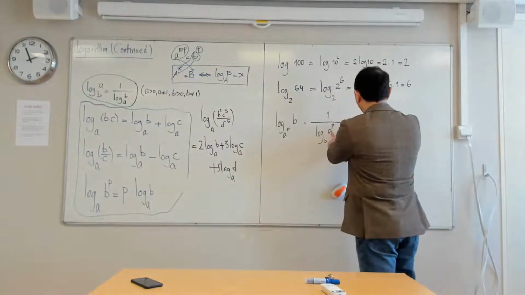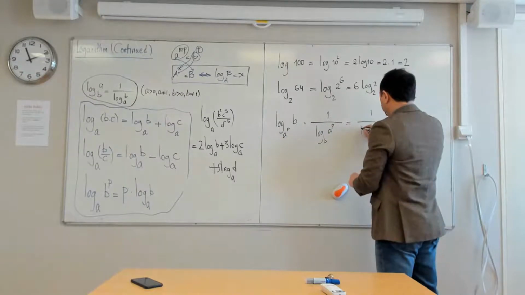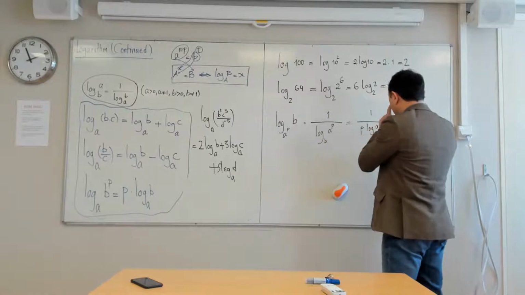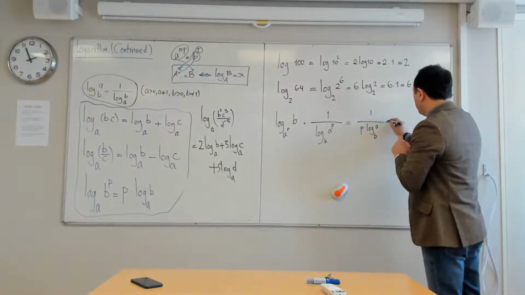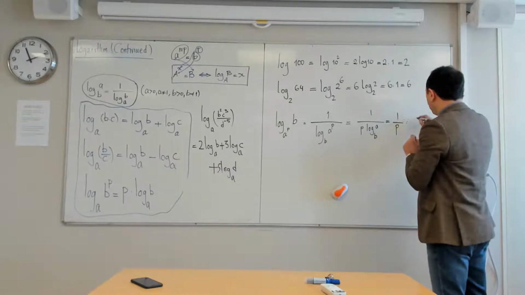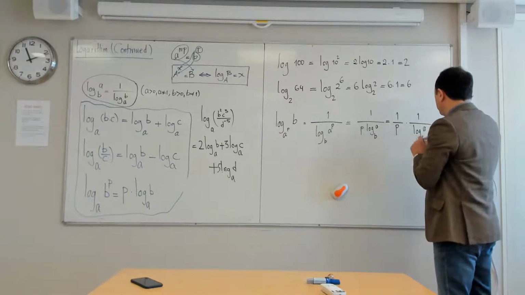So here I would write 1. I will move p here. It becomes p log of a over b. But hopefully you agree with me that I can write it as 1 over p multiplied by 1 over log of a in the base b.